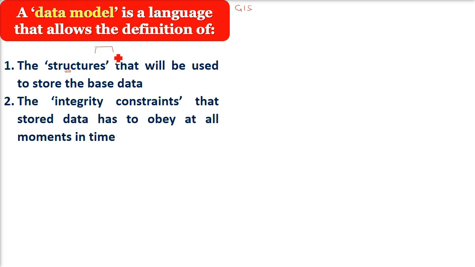So first is structure. You can keep it like this. The data can be, say, sequential. It can be, say, hierarchical. It can be in this way, in that way. So these are the structures we are talking about. But there are certain integrity constraints.